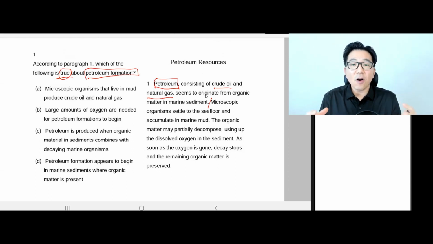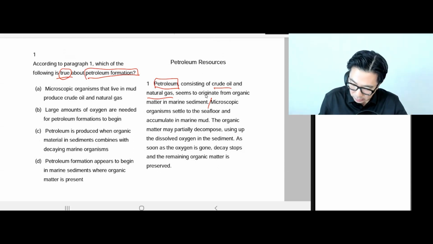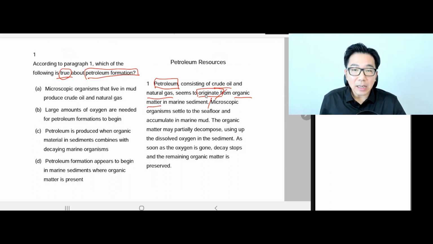It is made from the very first point, originate from organic matter, organic thing in marine sediment. So accumulation under the sea. Okay. Next sentence. Microscopic organism. So this is referring to the organic matter.